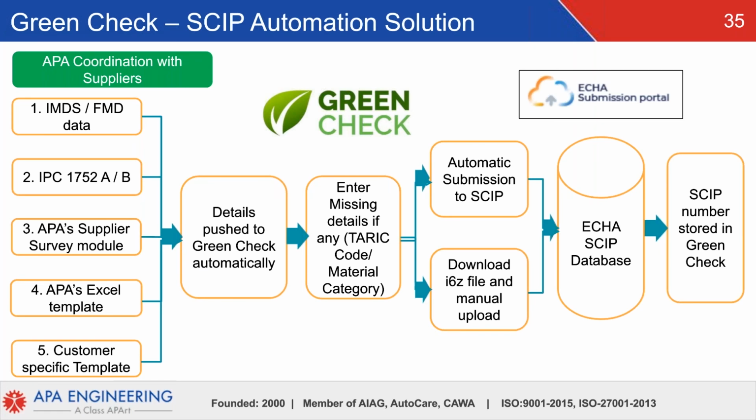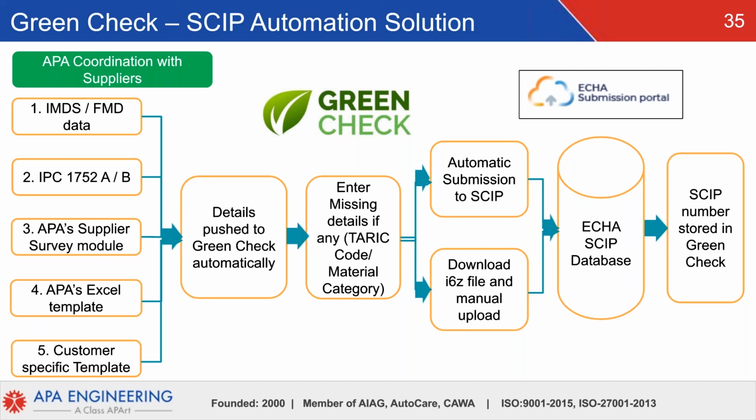The process we're demonstrating here: on the left side, we have the inputs that are needed for GreenCheck. They can be in any format. It can be a full material declaration such as IMDS or IPC 1752, a Class D format, or one can survey the suppliers using the SCIP module.